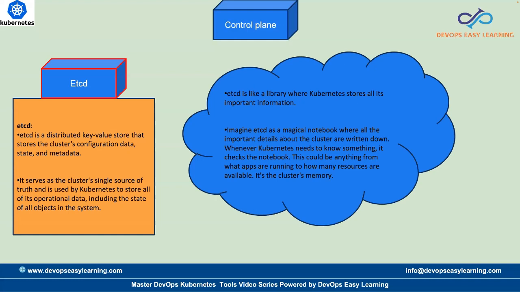So far we have covered the etcd, we covered the scheduler, and we covered the controller manager, right? The scheduler is just the element that actually schedules pods into the cluster, in simple language. We have the controller manager.